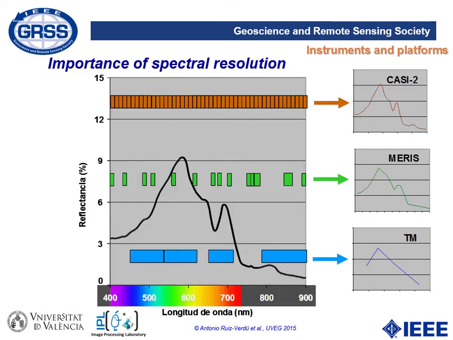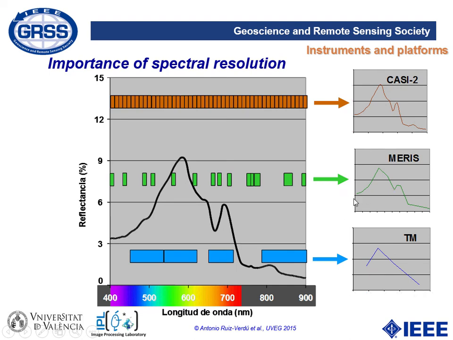The importance of spectral resolution can be shown here. You see in black the continuous spectrum of a given water body as measured with a spectral radiometer, and in blue, for example, you have the spectrum on the right as it could be seen from the thematic mapper bands of Landsat, and you see that we lose a lot of information here.